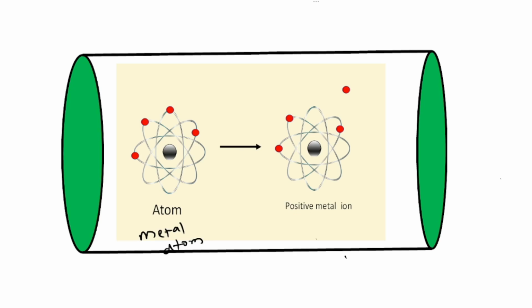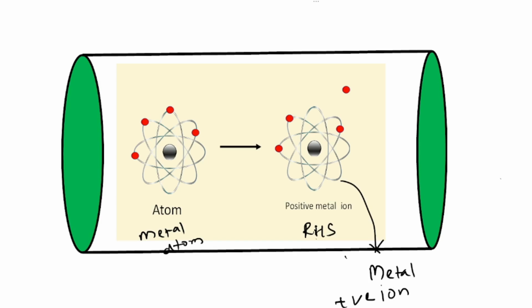On the left side, all the electrons are inside the atom, but on the right side, 1 electron is outside the atom. It is no more called an atom. It is called a metal ion. When the atom loses 1 electron, it is called a metal ion, and since it lost the electron, it is called a metal positive ion.